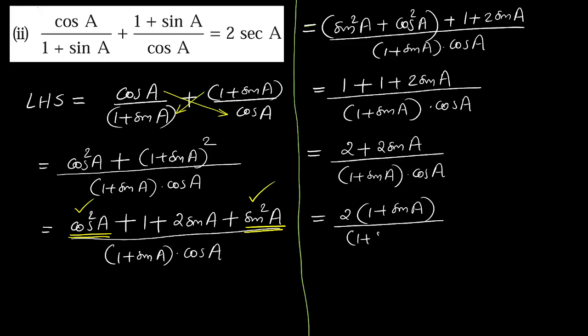By 1 plus sin A into cos A. 1 plus sin A cancelled. 2 by cos A or 2 into 1 by cos A. Both are the same thing, right? 2 by cos A is 2 into 1 by cos A. 1 by cos A is sec A.